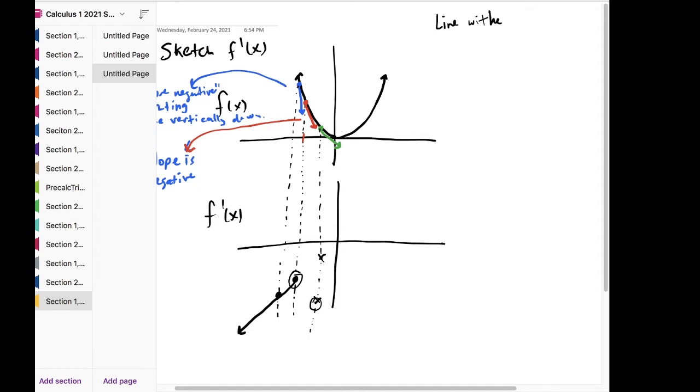Yeah, so the negative can be a little tricky. So that's why I'd like to say kind of closer to zero or further away from zero. Can someone tell me what a line with zero slope looks like? Good, it's horizontal.